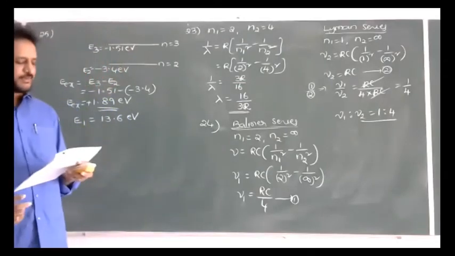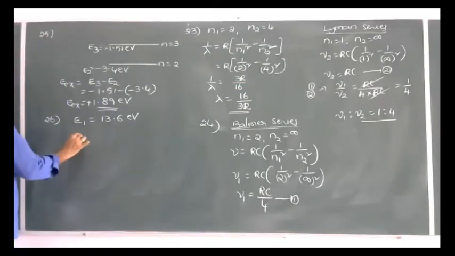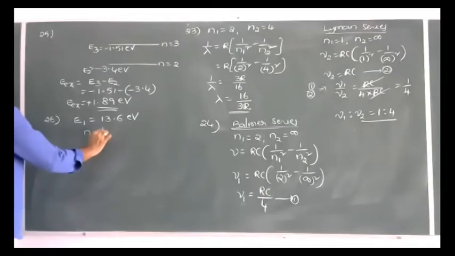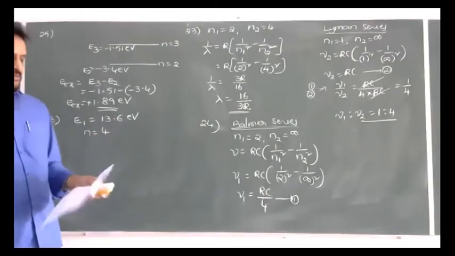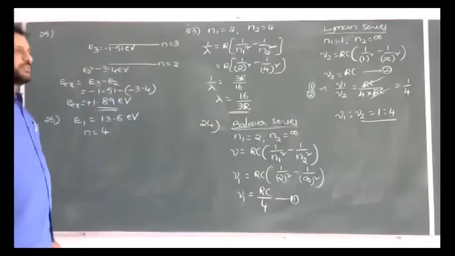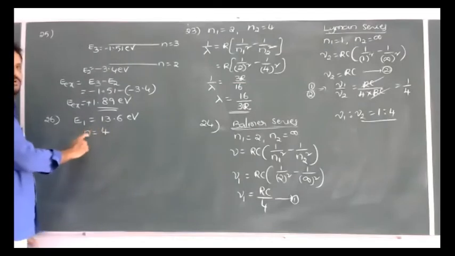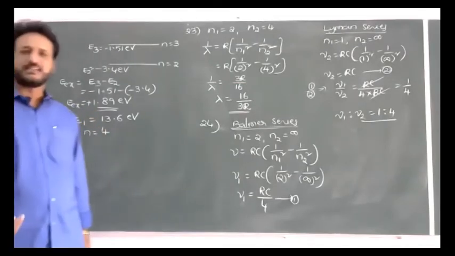The energy required to remove an electron from the n equal to fourth state is? So hydrogen atom means clearly Z is equal to 1.